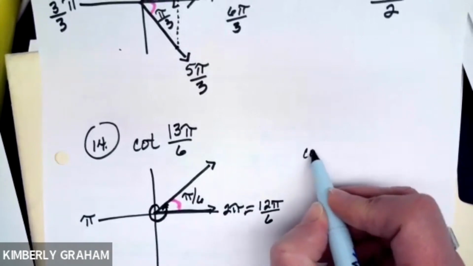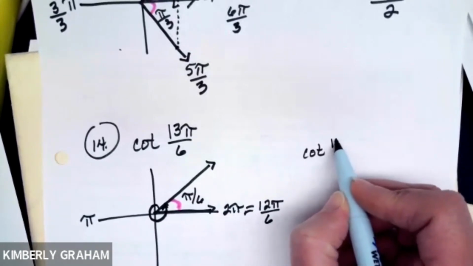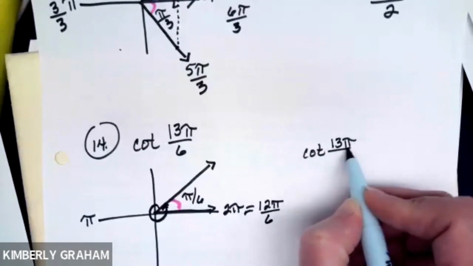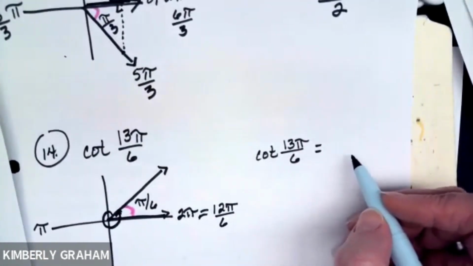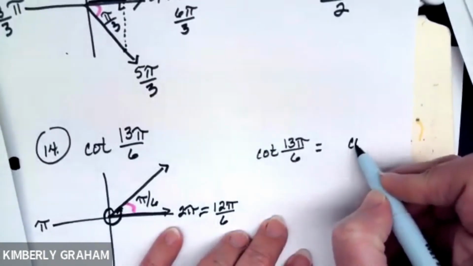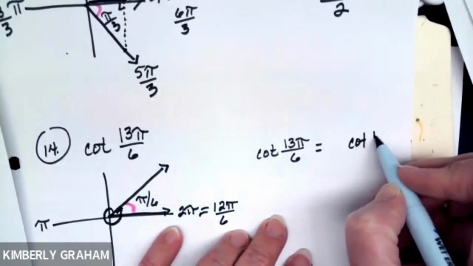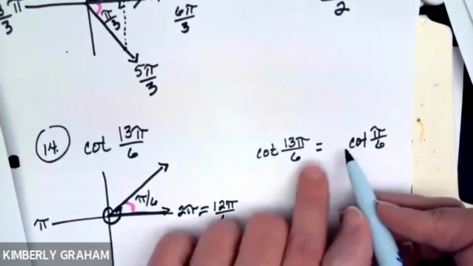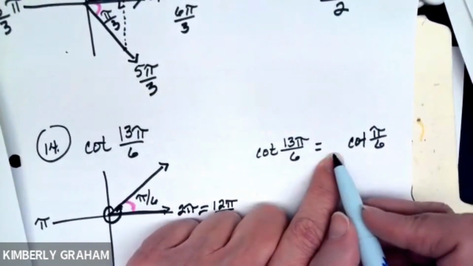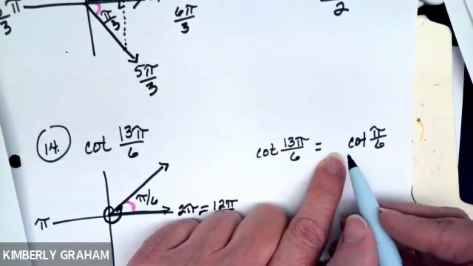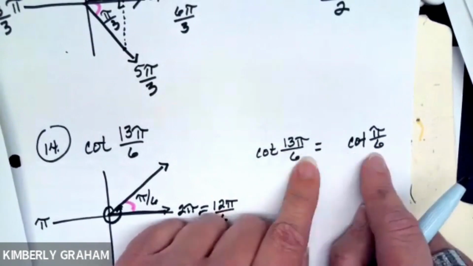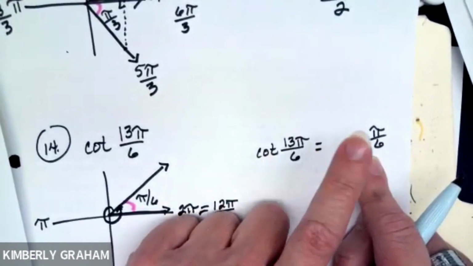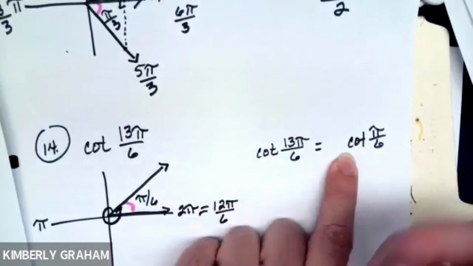The cotangent of 13 pi over 6 is either going to equal the cotangent of pi over 6, or it will be the opposite. So basically, what I'm asking is, are they going to be equal? Is this okay? Or do I need to stick a negative up here?